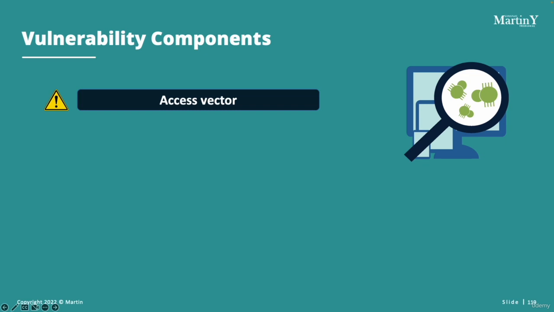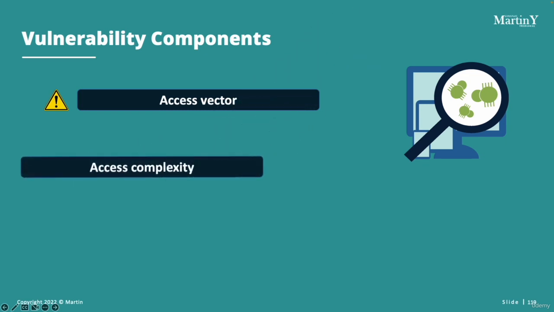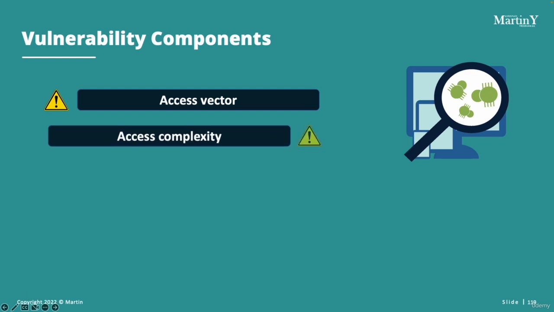Another very important metric is the access complexity, and this metric measures the complexity of the attack required to exploit the vulnerability once the attacker gains access to the targeted system. For example, if we consider the case of a buffer overflow in an internet service, this would be a vulnerability with high access complexity.